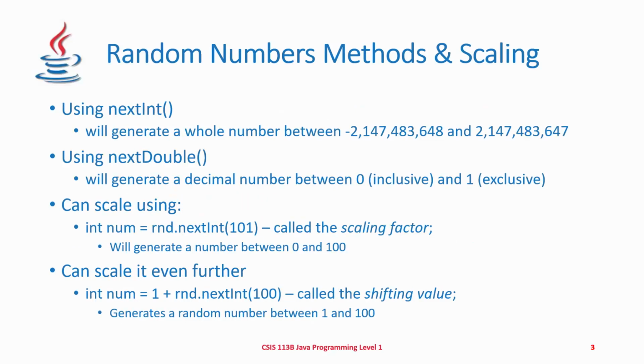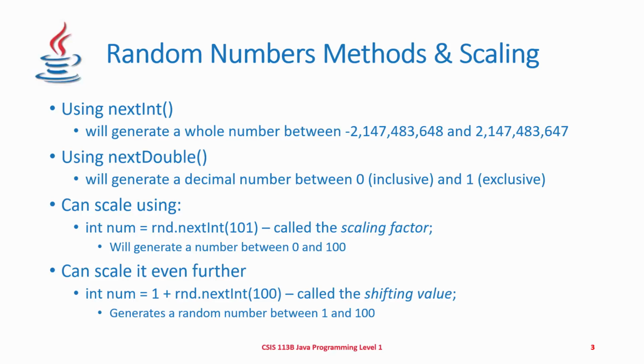To create random numbers, we will use one of the methods on the instance that we create of our Random class. So we use nextInt. We're going to generate a whole number between negative 2,147,483,648 and then the positive side of that. Integer is 32-bit, so that's the range of a 32-bit integer.